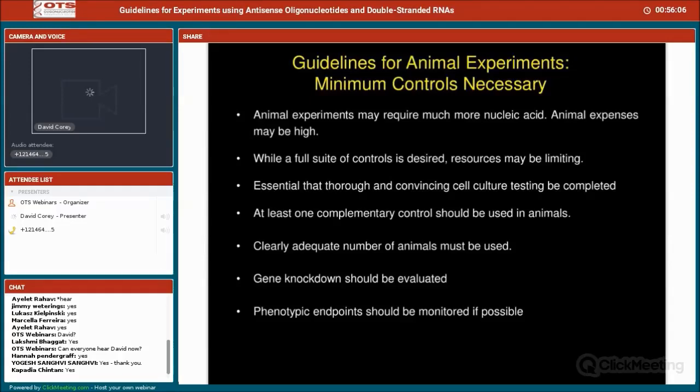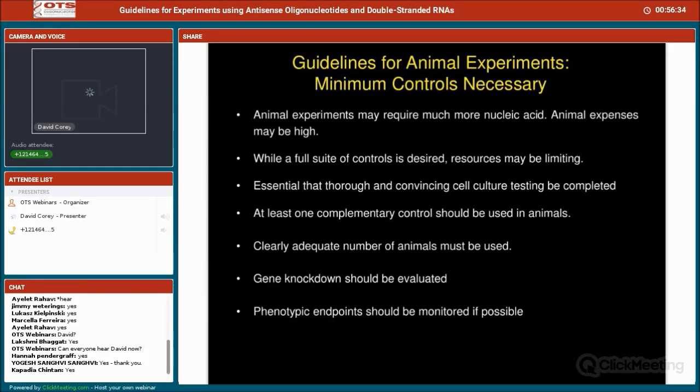So in theory, the requirement for controls is the same in animals as it is in cell culture, but we have to recognize that for many people, resources are going to be limited. So recognizing that, someone who wants to do animal experiments needs to have done thorough and convincing cell culture testing first.